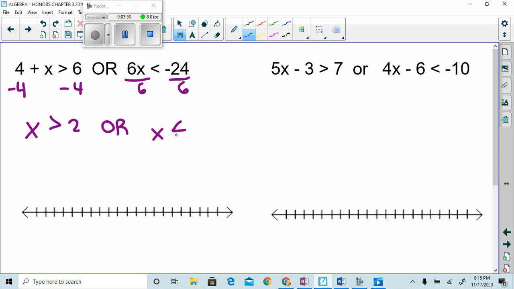X is less than -4. So we have our 2 endpoints once again. I have -4, and I have 2. Open circle at 2 and shading into positive infinity. Open circle at -4 and shading into negative infinity.